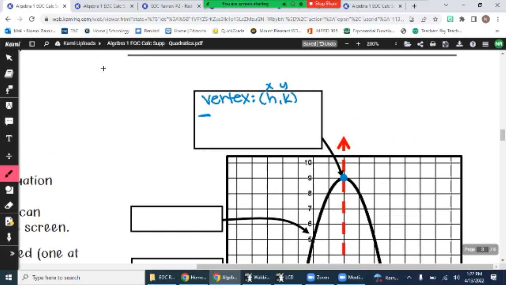It could specifically ask you for the minimum or the maximum, even though we're talking about this same point on the parabola. Minimum meaning the low point, the lowest number on the parabola, maximum meaning the highest. But if it does ask you for the minimum or the maximum, just remember that we're specifically talking about the y value.